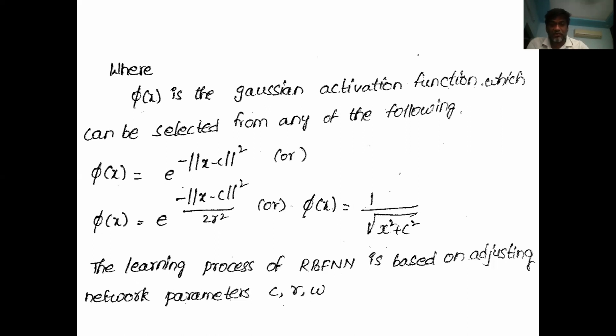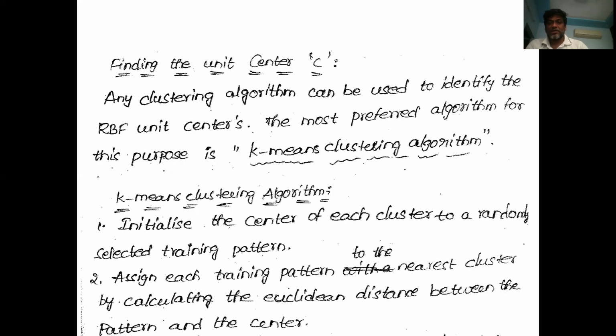Based on how you select these three, c, r, and w, the performance of the learning process of the RBF neural network depends.